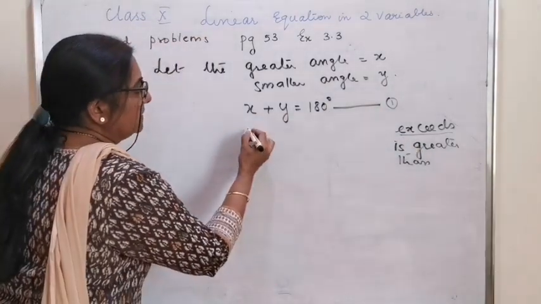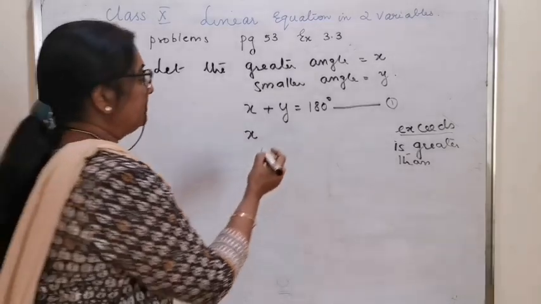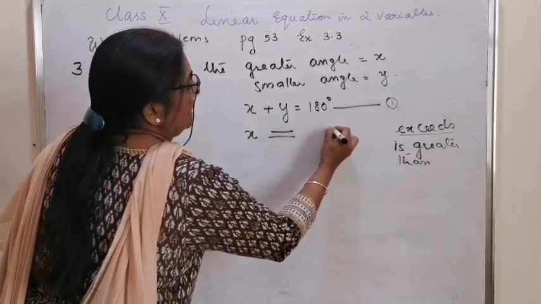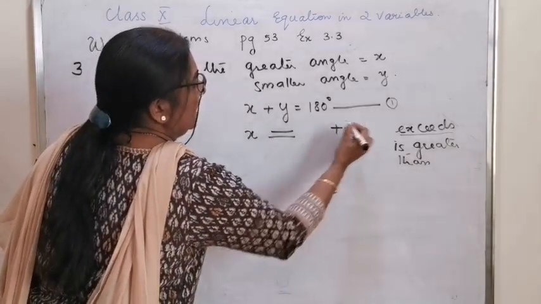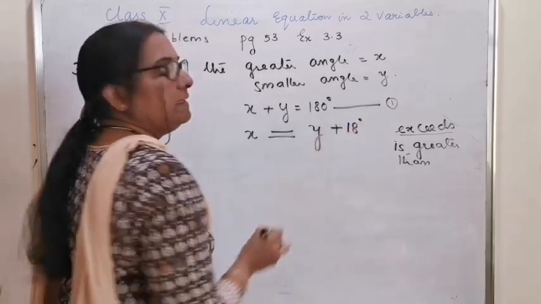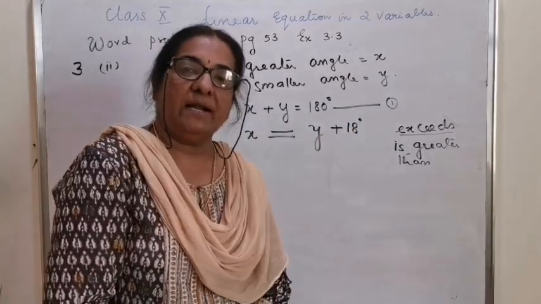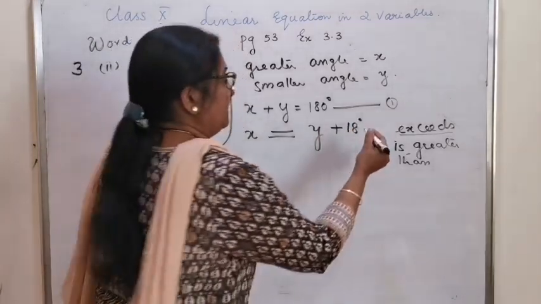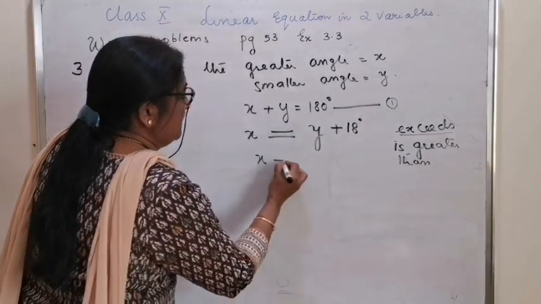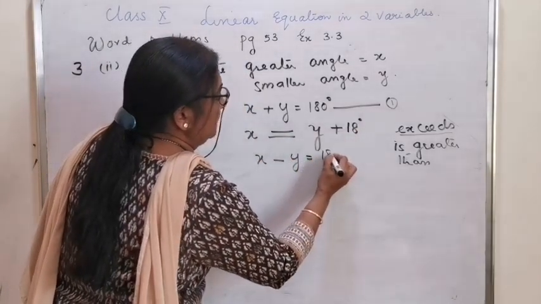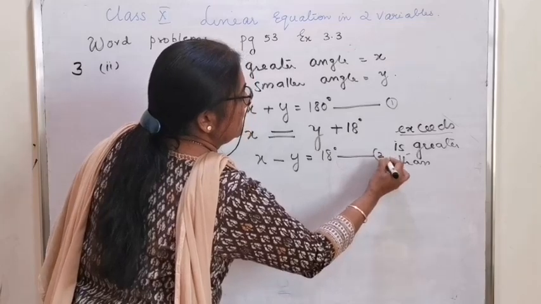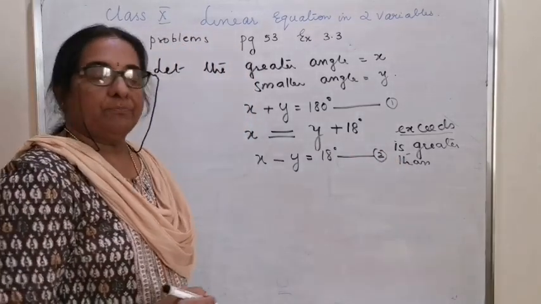That is, the bigger angle is x, and it is greater than the smaller angle by 18 degrees. This is how you will understand the question. Or x minus y is equal to 18 degrees. That is equation number 2.